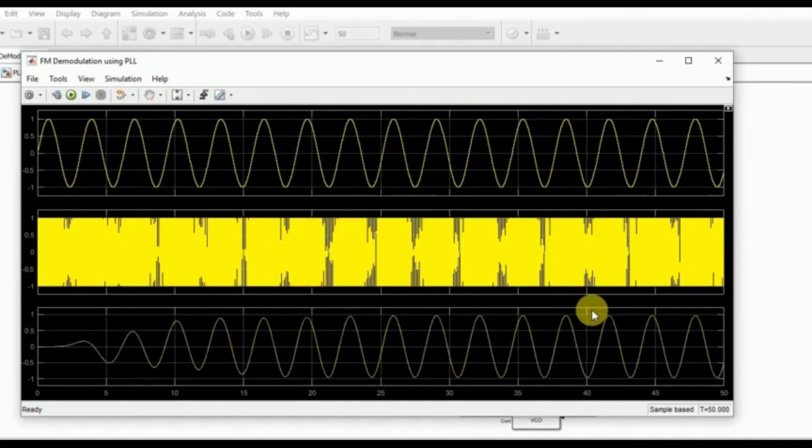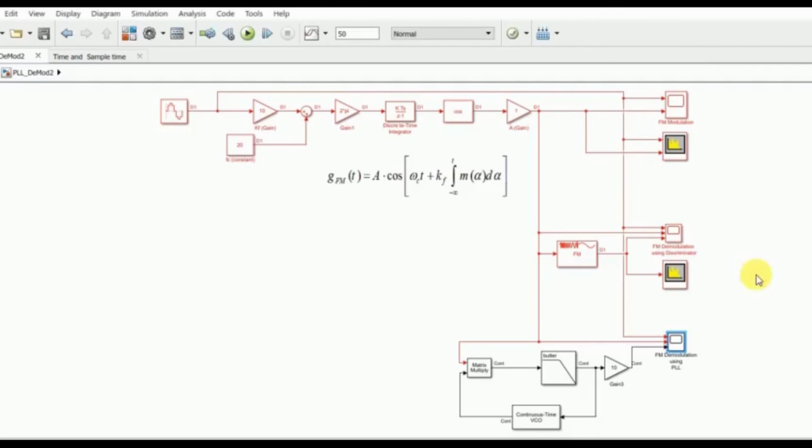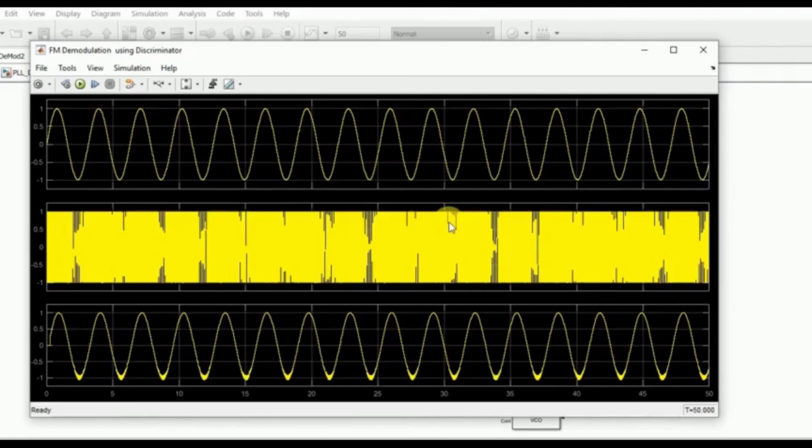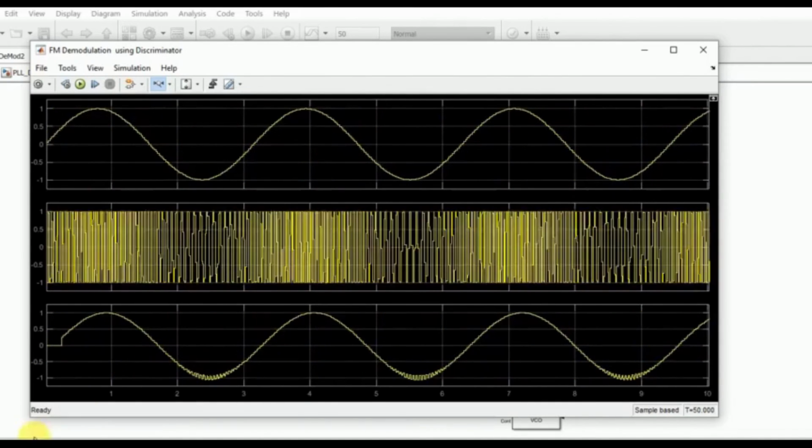Now compare the demodulation using phase lock loop with that of the frequency discriminator. Over here we have previously shown the oscillations that were present.